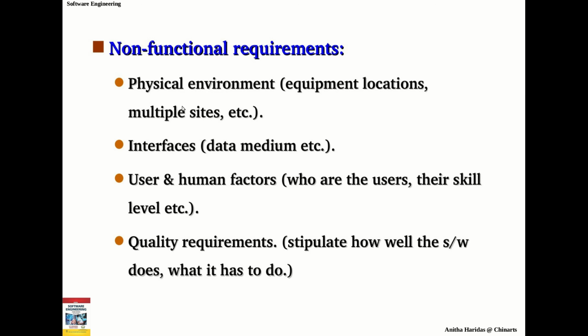All these things come under non-functional requirements. Or the interfaces, say for example what kind of data medium you are going to use for the college management system, whether you are going to have a database and what kind of database you are going to use, that can be called another non-functional requirement.